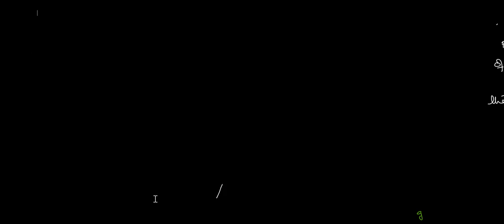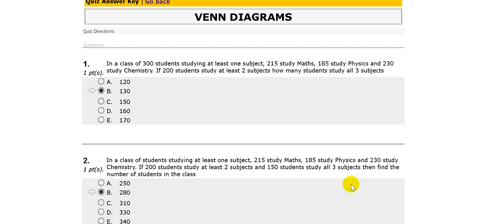So let us go to the next one. Let's see what it is. The next one is the same set of data. If 200 students study at least two subjects and 150 students study all three, then find the number of students in the class. Here we are not told the number of students, right?